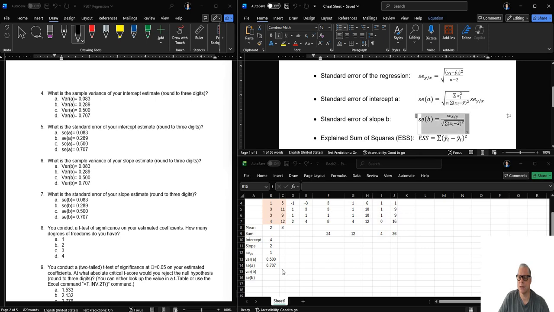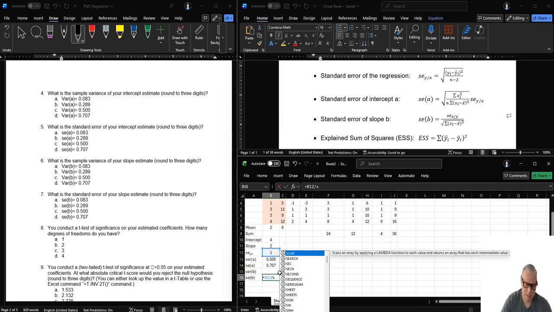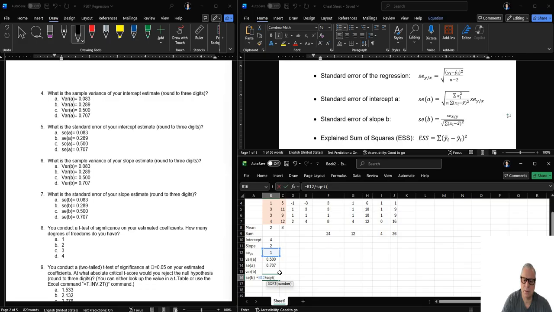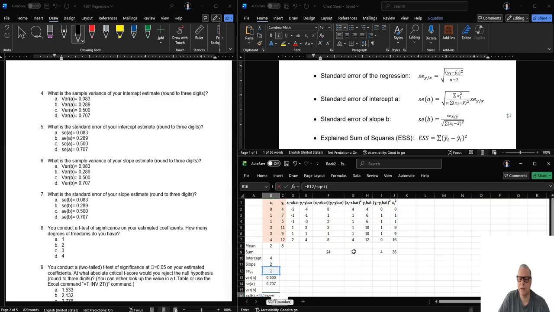So let's calculate the slope. And we go first to the standard error. That's a little bit easier. So that is equal to the standard error of the regression, which is the 1 divided by the square root of the squared deviations from the mean, and that was the 12.